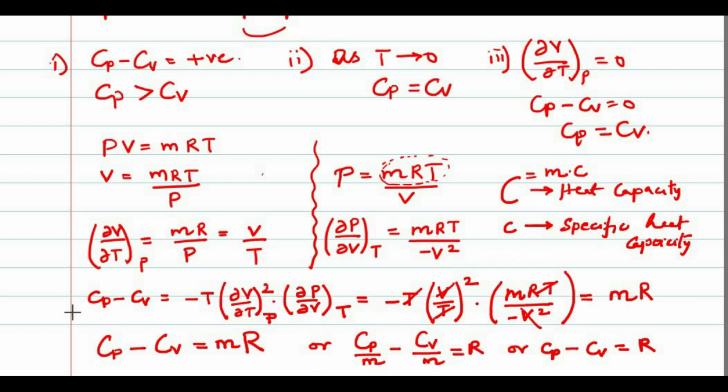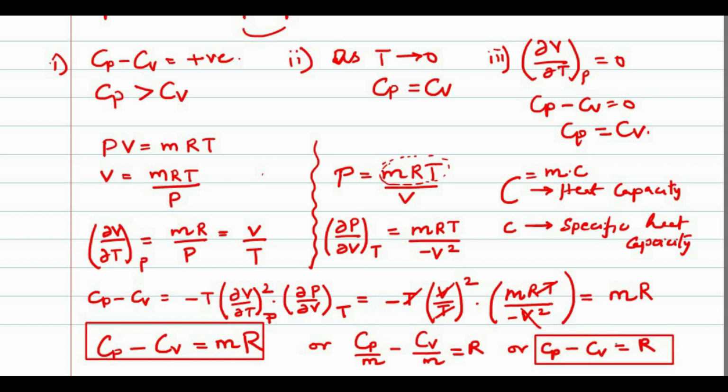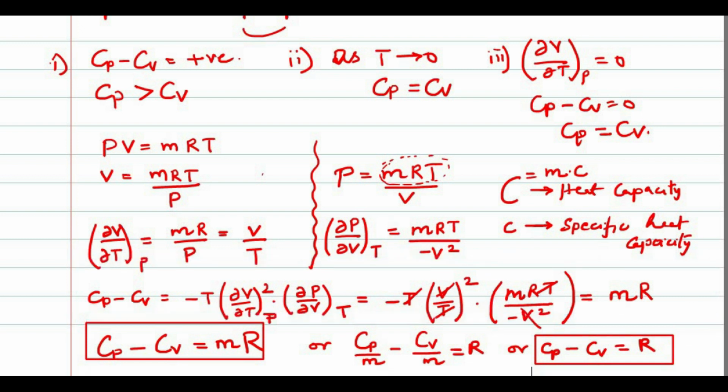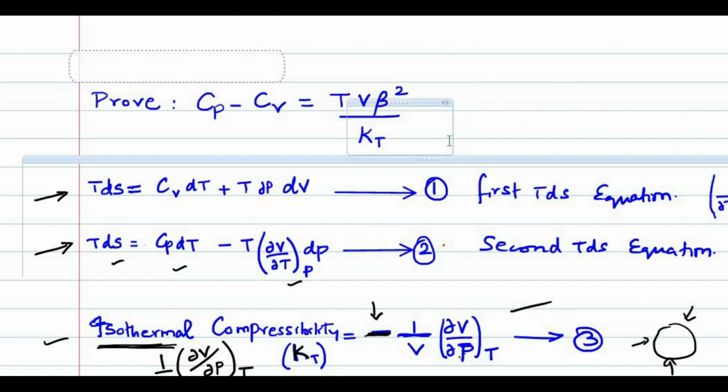So we are getting the results as Cp minus Cv is equal to mr, or specific heat capacity at constant pressure minus specific heat capacity at constant volume is equal to r. So this is the final result. Final result in the sense relation between Cp, Cv and r. From this again we have to derive further to get the results as shown here.